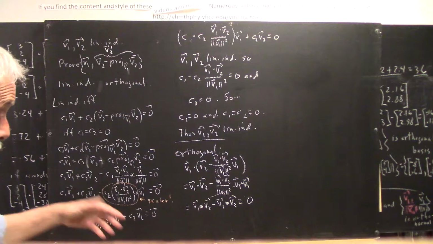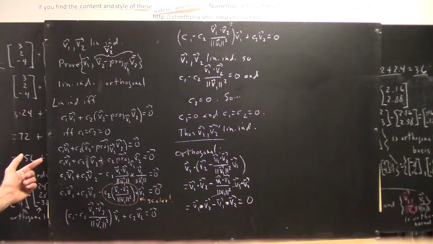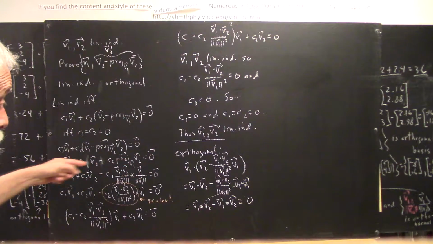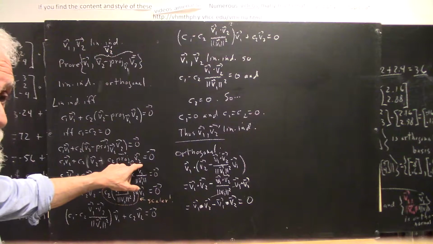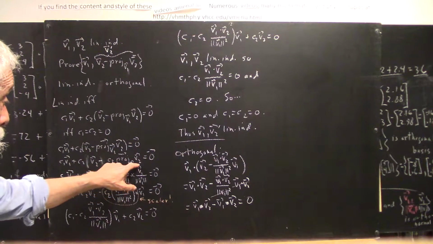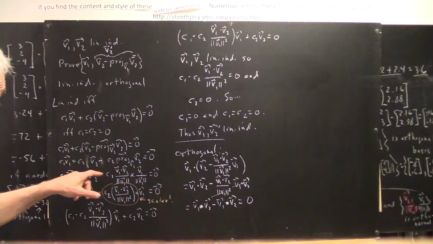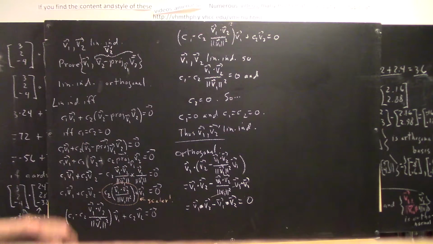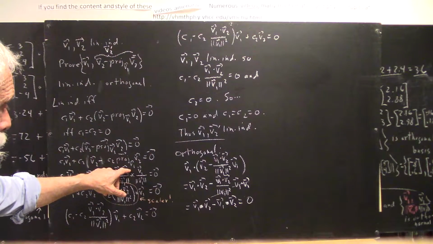Now one temptation that you might have when you see this expression here is to try to factor V2 out of these two terms. Okay, we've talked a little bit about why you can't do that. If you try to factor V2 out of these two terms, you have a C2. That's perfectly okay. But then you have minus C2 times the projection on V1.